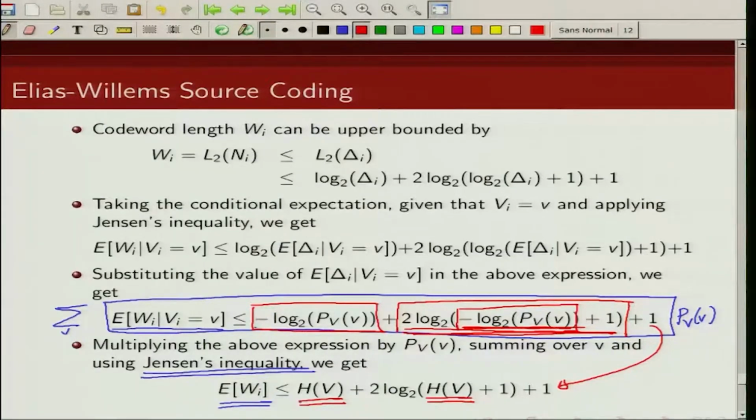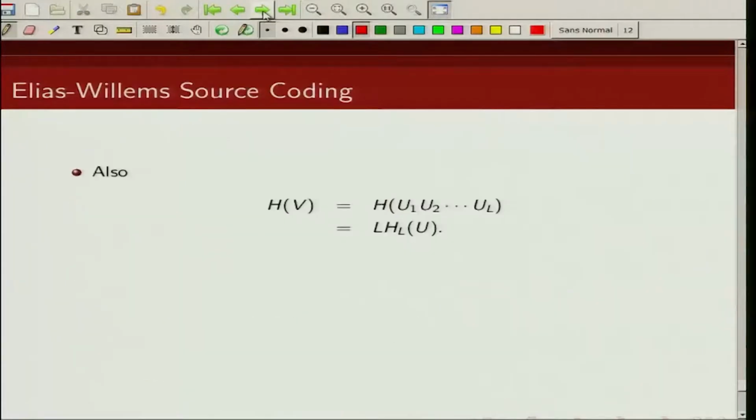Now, let's pay attention to this particular term, H of V. What is V? V is this block of L bits which are coming from a discrete stationary source. So H of V is nothing but uncertainty in u1, u2, u3, up to uL, and this I can write in terms of uncertainty per letter, that is L times H of Lu.